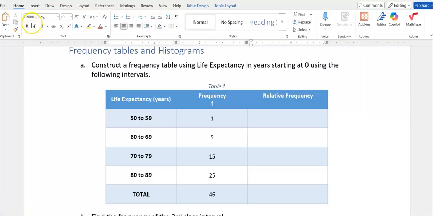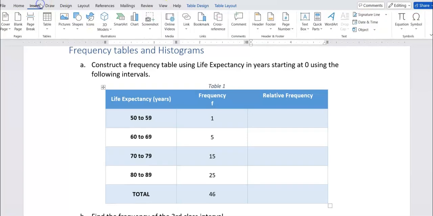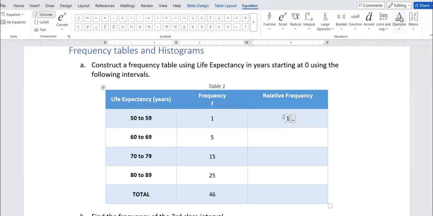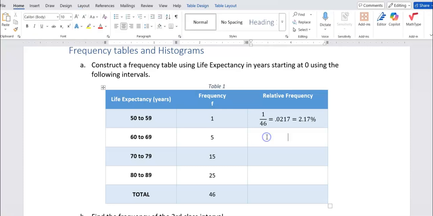In Word, I'm going to go to Insert, and then Equation, and then I can type in 1 divided by 46 equals 0.0217, and that equals 2.17%.